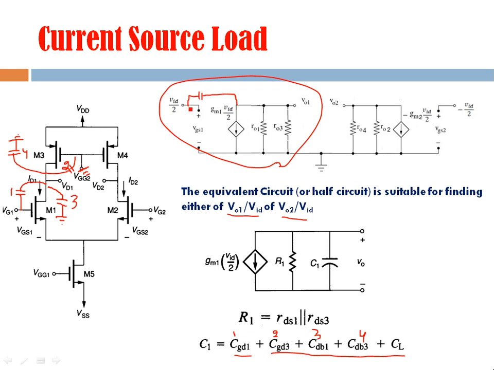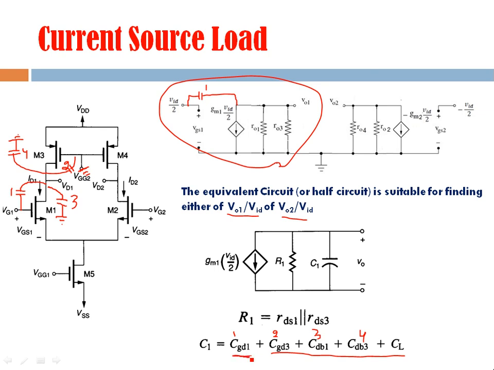But we are not considering it as if it is connected between output and input. Rather, we are considering it as if it is connected between output and ground. And why are we doing it like this? Because of the Miller theorem. So first, CGD1 is assumed to be part of C1, that is, we are assuming that it is connected between output and ground, right?